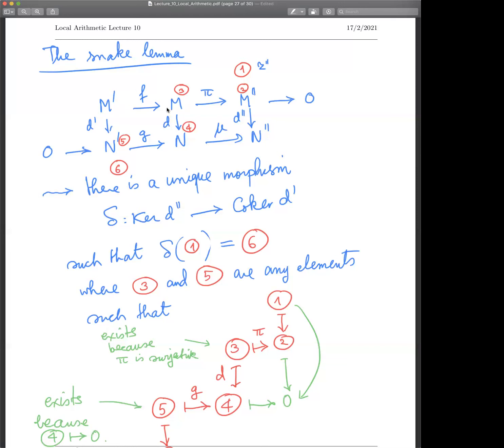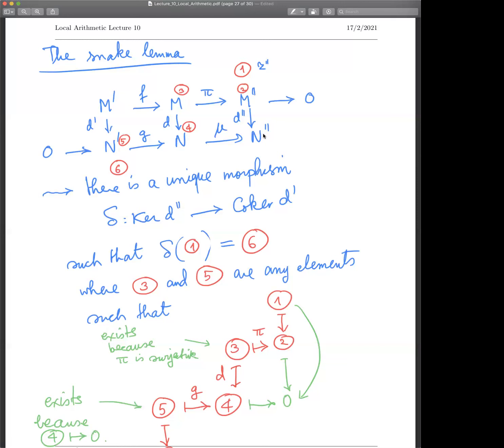Any two choices will differ by an element of M prime. But if I make a choice 3, then I can apply D to it and I get an element 4 of N. Then N prime is a sub. But what happens to this 4 if I apply mu to it?